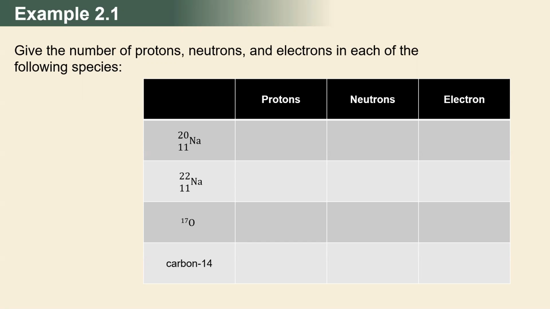How many protons? 11. 11 protons. Caroline, you're next. How many neutrons? You're muted. You can hold up a finger if you'd rather. You have 9. 9 neutrons, absolutely. Sam, how about electrons? How many electrons do we have?